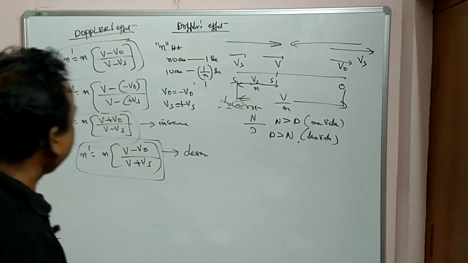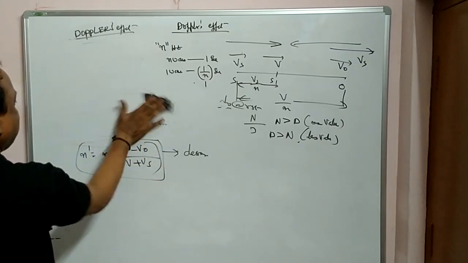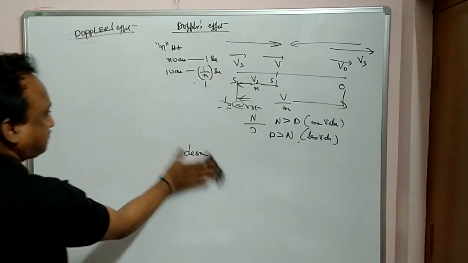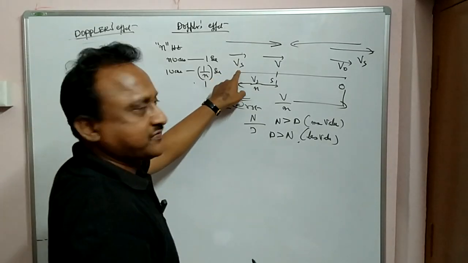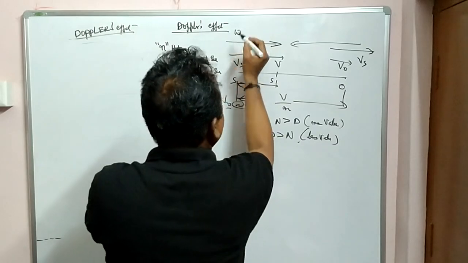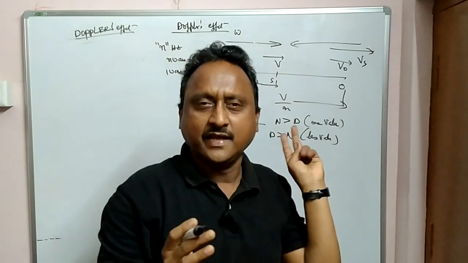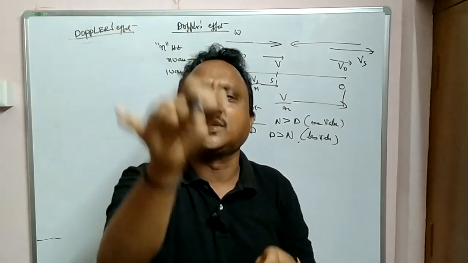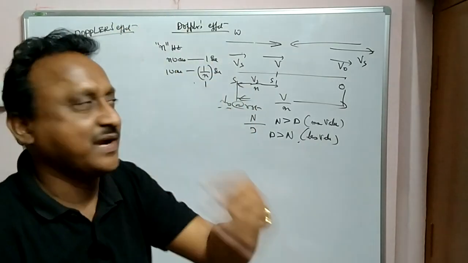Clear? Right. Now the last and final case, that is wind velocity. That means, for example, source of sound is there, observer is there, wind is also there. For example, same direction. I am speaking here now, suppose the wind is in my direction; does the sound increase or decrease for the observer? It will be increasing because wind is in the same direction.